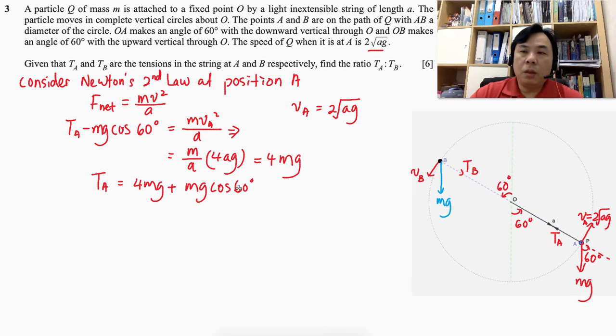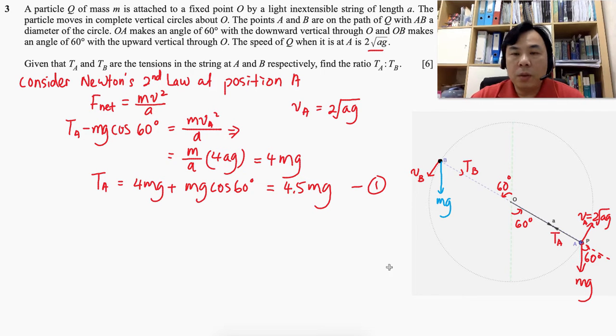If you press the calculator, cosine 60 is a half. So therefore, the total tension here is 4.5 mg. All right. So we have obtained the tension of the string at position A given by 4.5 mg there. So I hope that's clear.